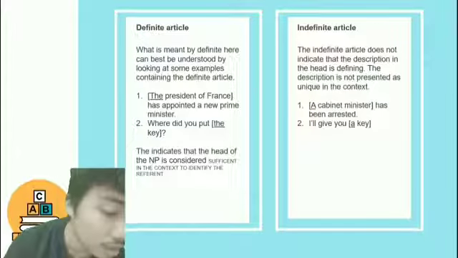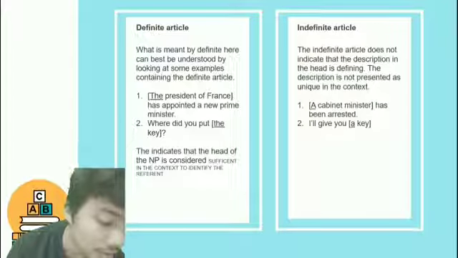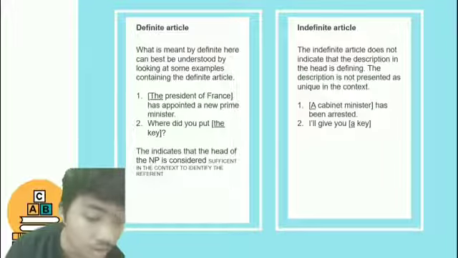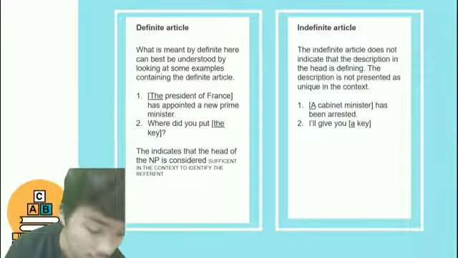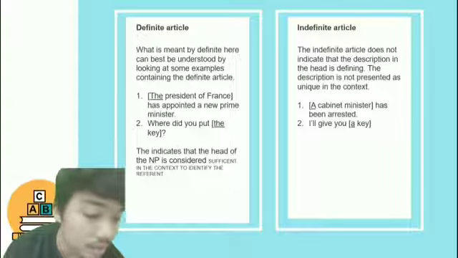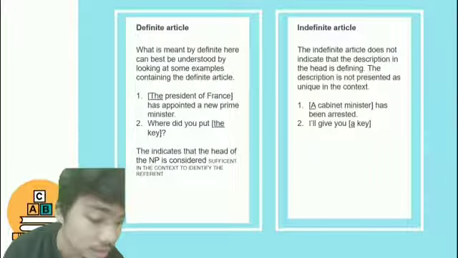The description is not presented as unique in the context. Example: a cabinet minister has been arrested. I'll give you a key. And the indefinite article is a, the underlined word.